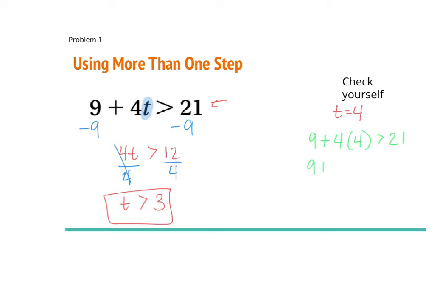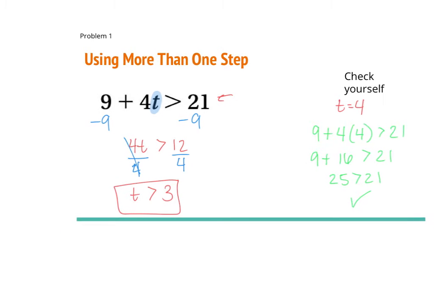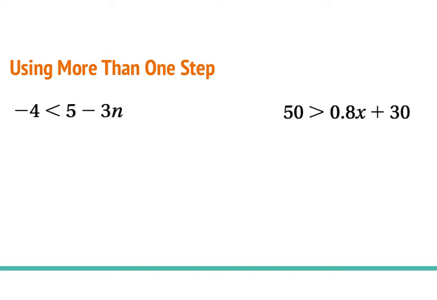So it's going to be 9 plus 4 times 4 is 16, is greater than 21. 9 plus 16 is going to give us 25, is greater than 21. Is 25 greater than 21? Absolutely, so this one's good to go. All right, so we just checked our work. Let's move on to the next one.